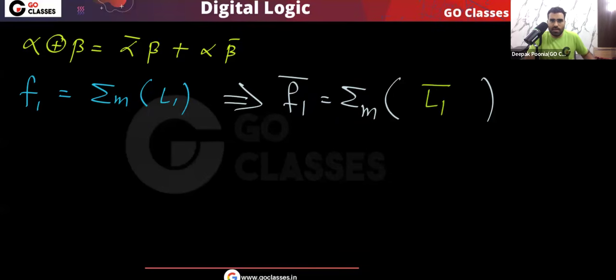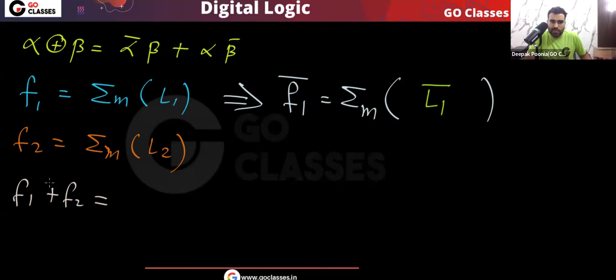Okay, very easy. Now also you know that if f1 and f2 are both given to you as sum of minterms, and this is the minterm list of f2, now how to combine them for the OR operation with respect to minterms? What will be the minterm list of f1 or f2? We will take the union.